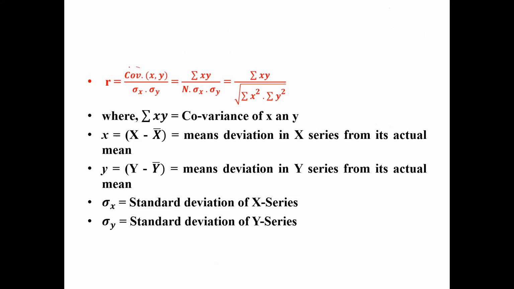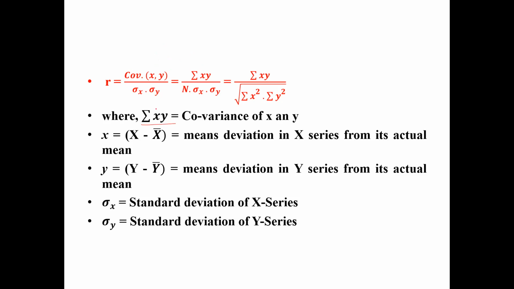You have to find the covariance between X and Y, divided by the standard deviation of X multiplied by the standard deviation of Y. This is how you can calculate. This is again the expanded version of this formula, and this is again the expanded version of this formula. You can find these values. Very clearly these have been written.